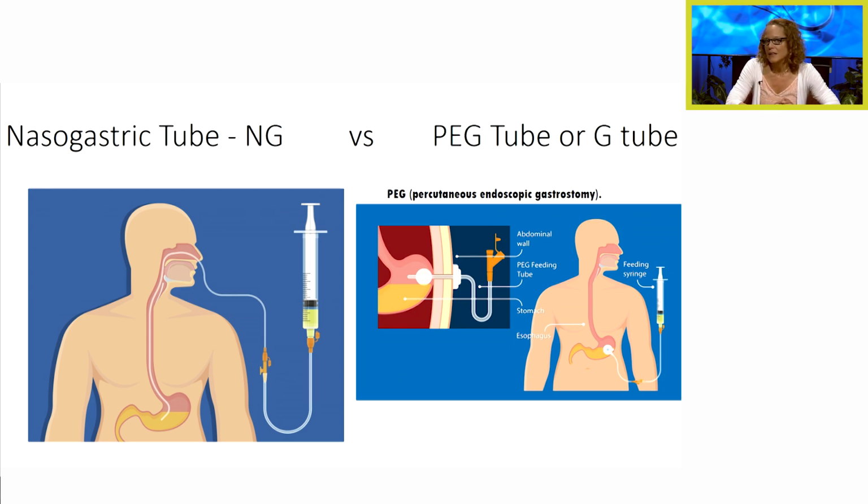We can access this from outside of the body so that we can feed the patient enterally. We can do enteral feedings either with an NG tube or with a PEG tube or a G tube. So we're going to talk a little bit first about our NG tube.